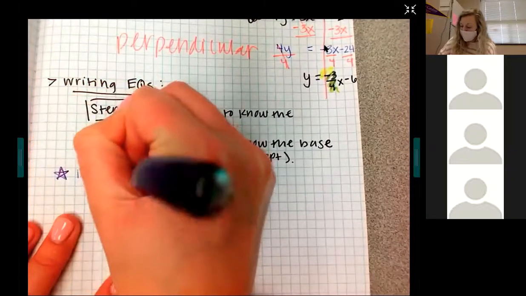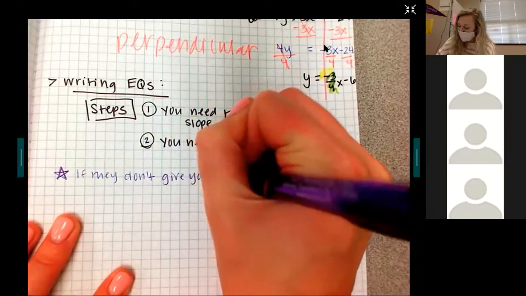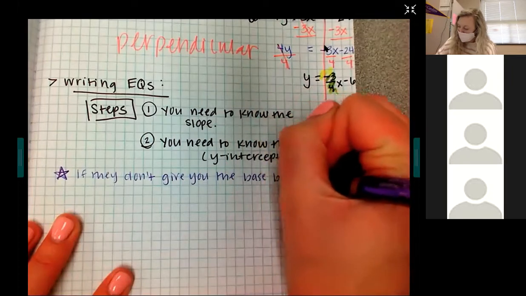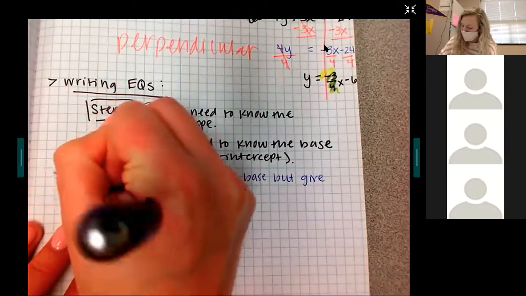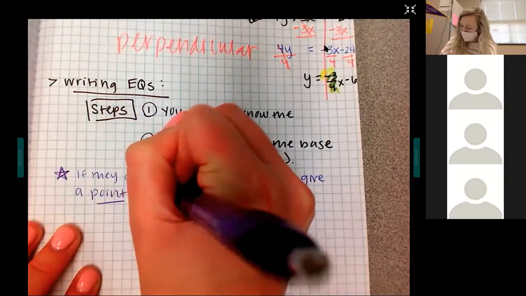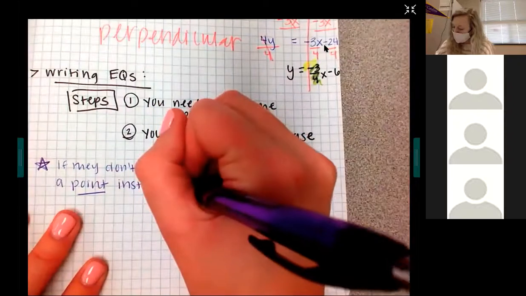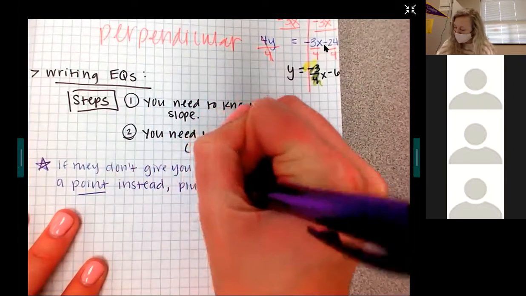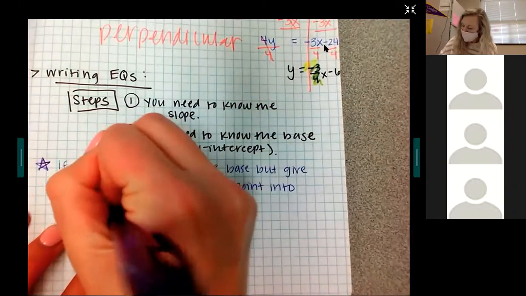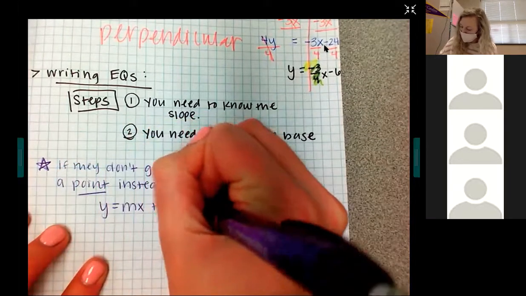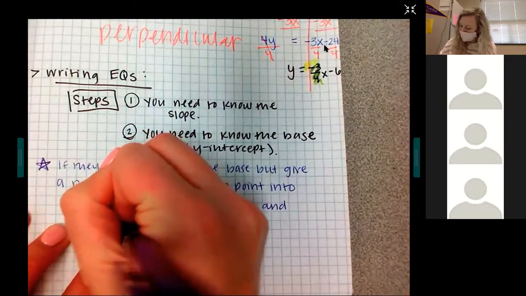If they don't give you the base, but give you a point instead, you're going to plug the point into y equals mx plus b for x and y and find the base.